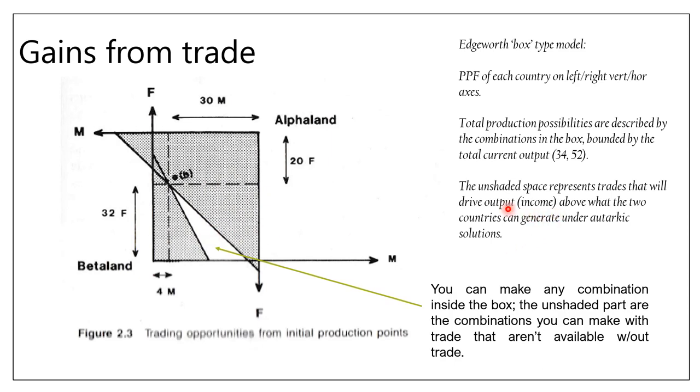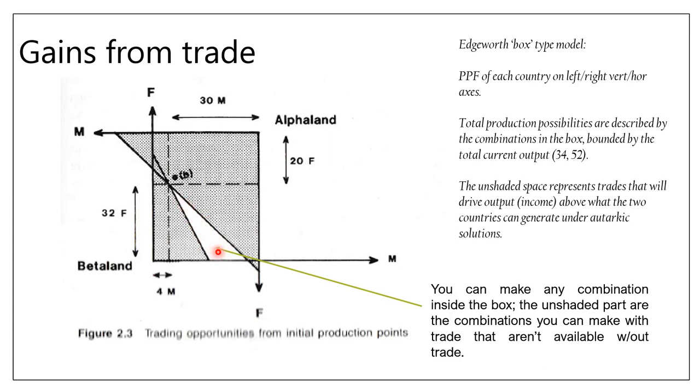And that is why we look for this unshaded area and say this is the potential gains from trade. These two production possibilities frontiers, when you overlay them like this, will always cross at their current production choices. And everything down here in this unshaded area represents gains from trade, because these are now opportunities.